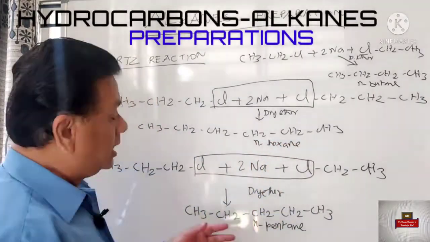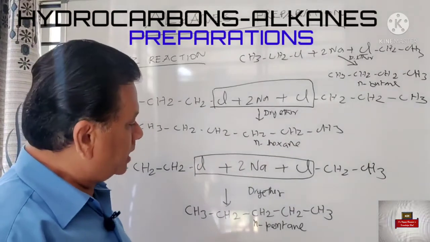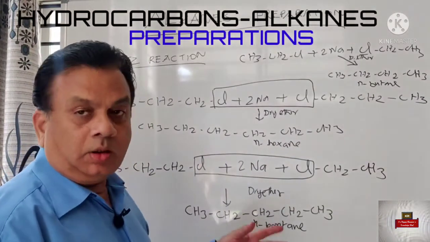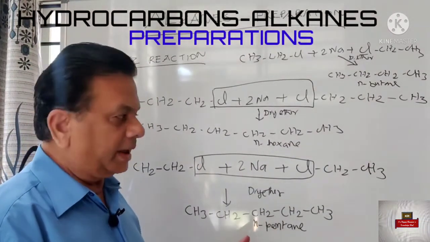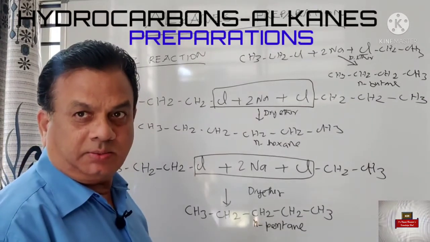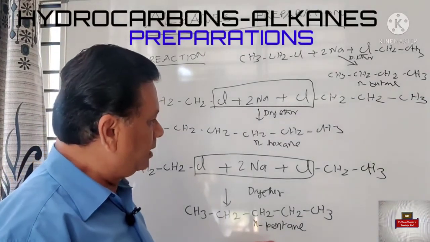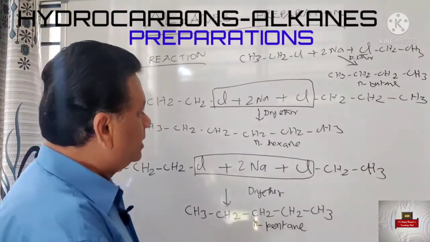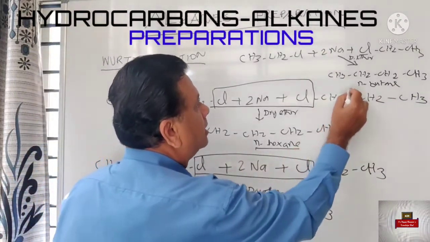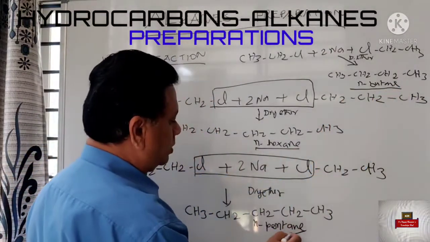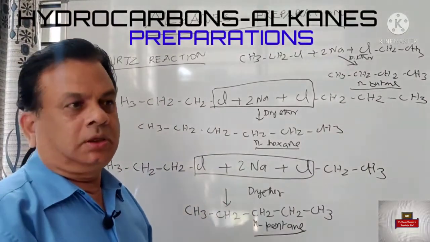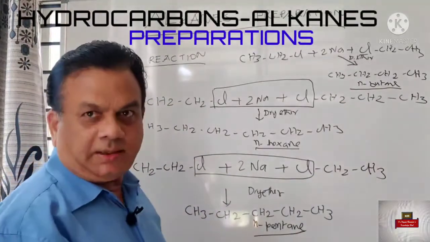So when we are trying to prepare an odd-numbered, that is unsymmetrical, hydrocarbon, that is the alkane n-pentane, we get byproducts like n-hexane and n-butane. So all the 3 we get side by side.